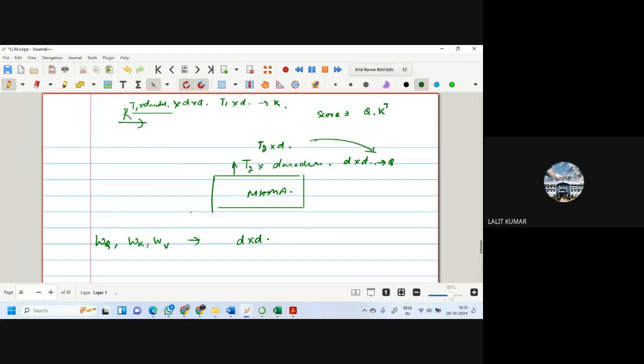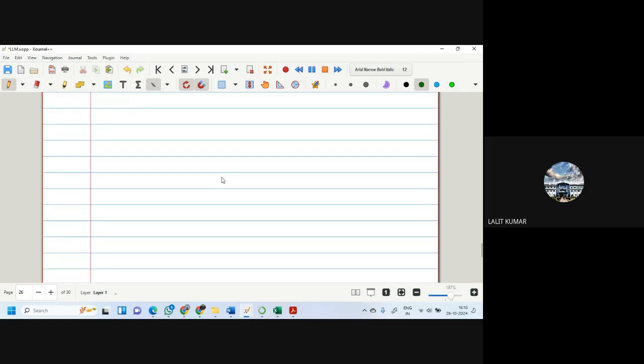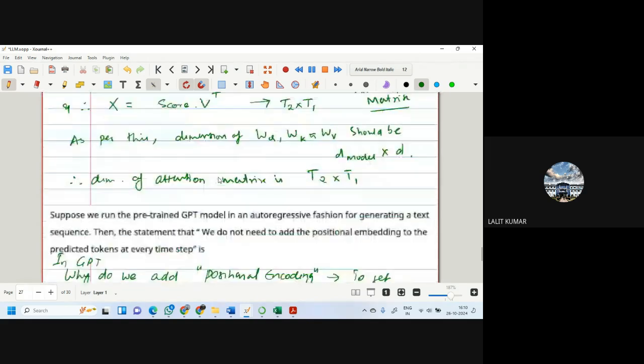So this will become T2 into d into d into T1. So this will become T2 into T1. And the size of the attention matrix, what is it? It is the same as the score. So the answer will be T2 into T1. That's okay. Yes. Okay.